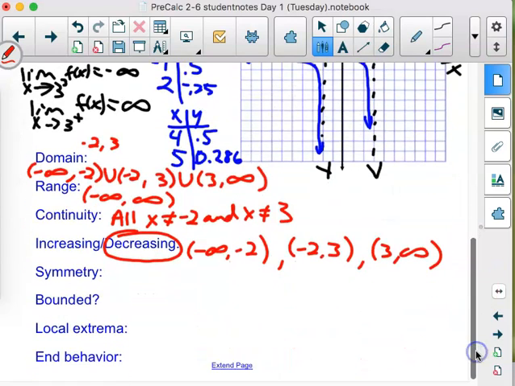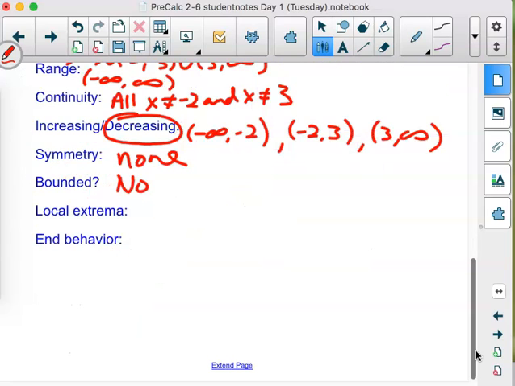So this is a none. We already said that our range was from -infinity to infinity, so this isn't bounded. That's a no. Local extrema, meaning local mins and local maxes. No, we didn't have any turning points here, so they were just all decreasing, so this is none.